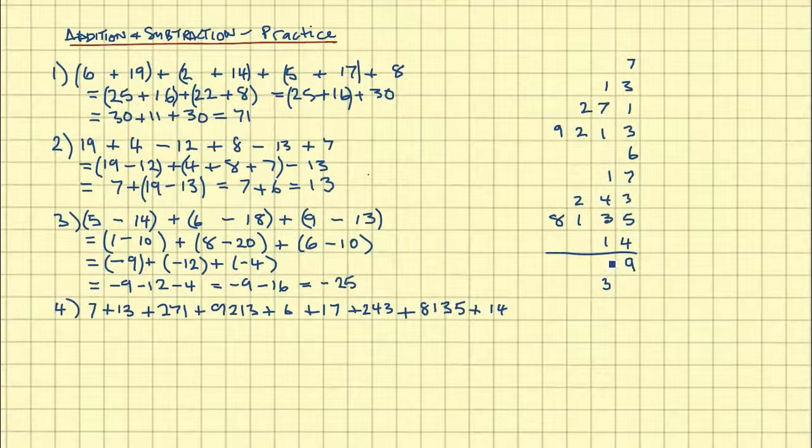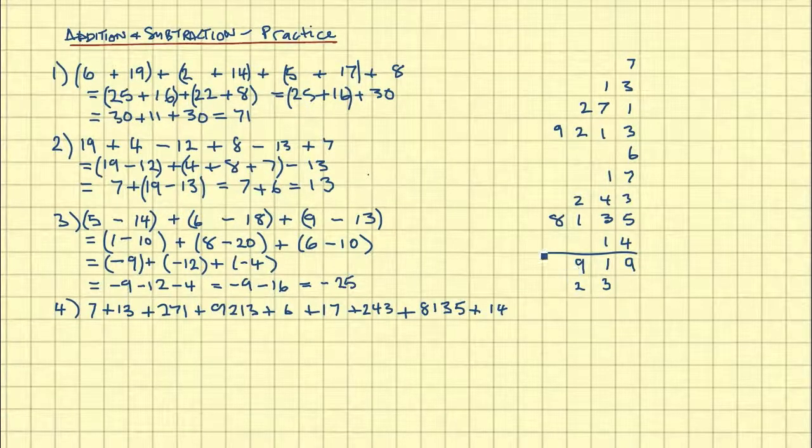So we haven't. 18 is correct, but we've got to add our 3, giving us 18 add 3, 21. Okay? So now 2, 4, 6, 7, 1, 3, 5, 7. So 7 was right. Add the 2, gives us 9.